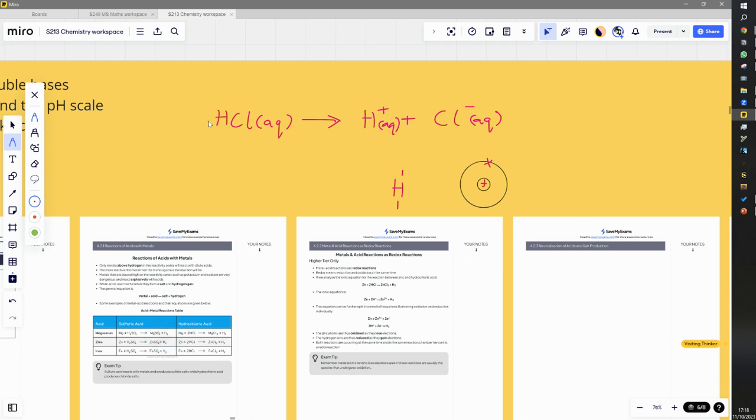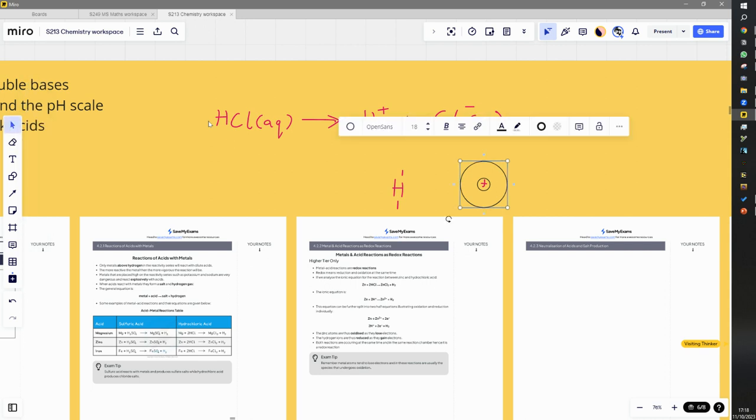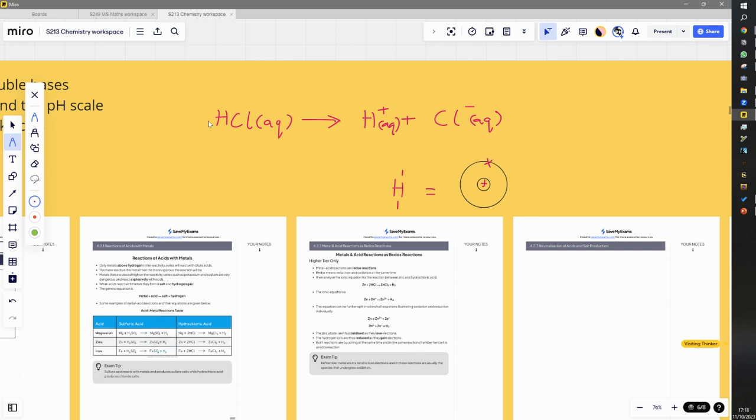So now that's a neutral hydrogen atom. And for H+, to make it positive, I need to remove an electron. There's only 1 electron to remove, so I remove that electron. And what do we have? We have just a proton on its own. So maybe I'll just delete that now, so that is the same as that. But we can see that this is just a proton.